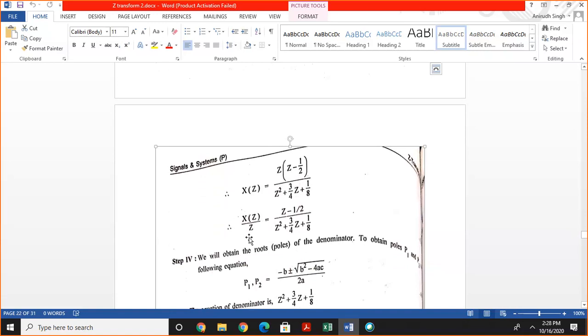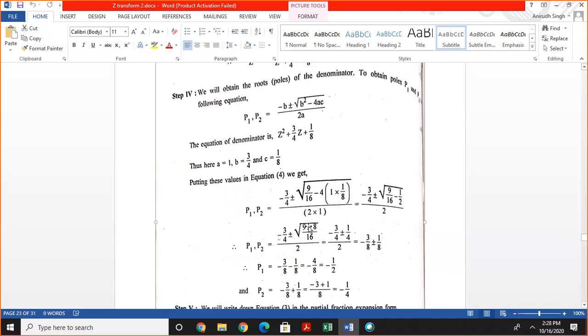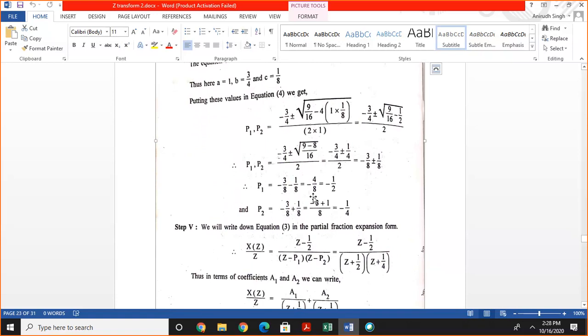So X of z divided by z is given by z minus half divided by z square plus 3 by 4 z plus 1 by 8. When we get the value of X of z divided by z, then we use the partial fraction as in case of Laplace transform. This is quadratic equation.